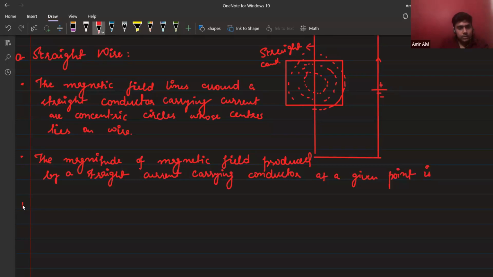First, the magnitude is directly proportional to the current passing in the wire.